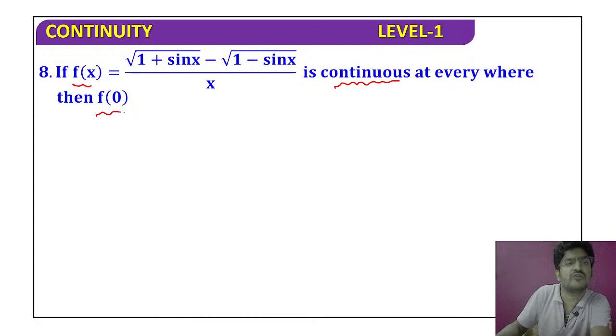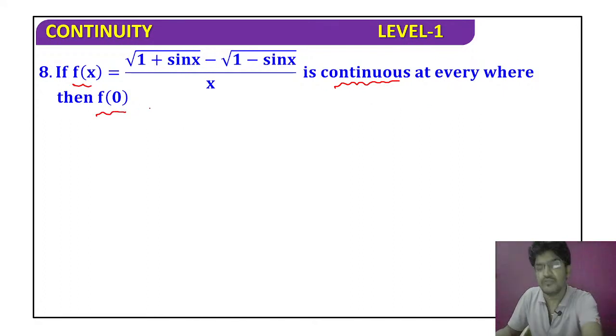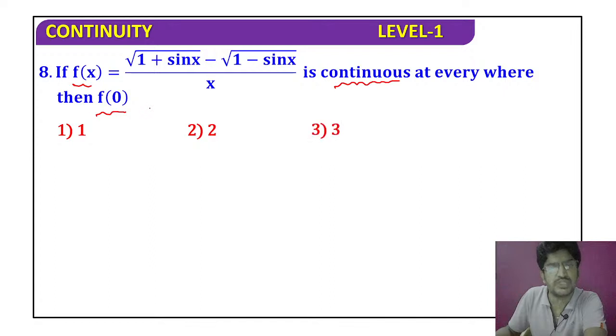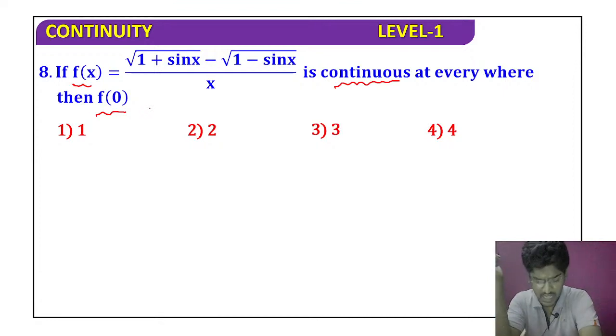Then what is f of 0 they are asking. The first option 1, second option 2, third option 3, and fourth option is 4. Okay. So please try this and try to tell me the answer. Quickly try this, because the problem is very simple.